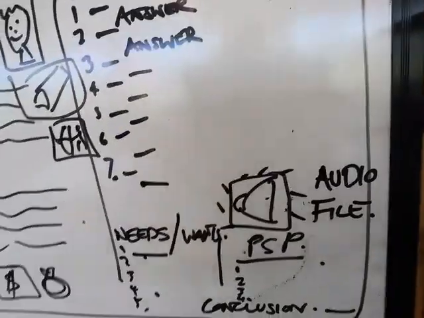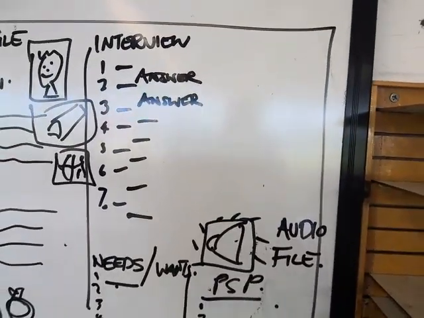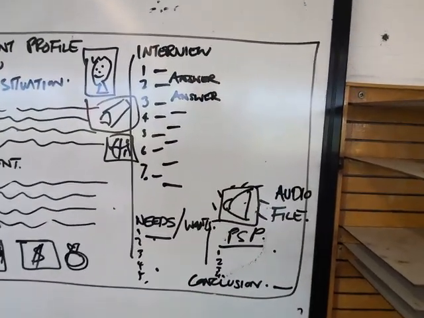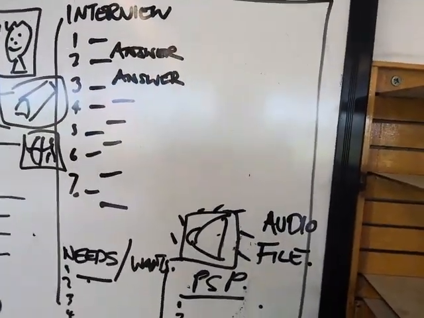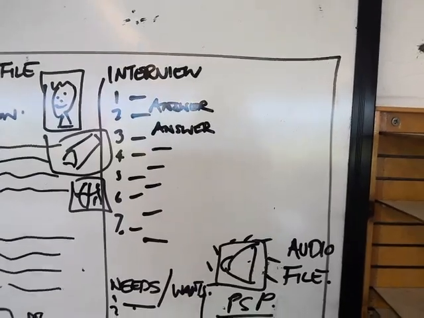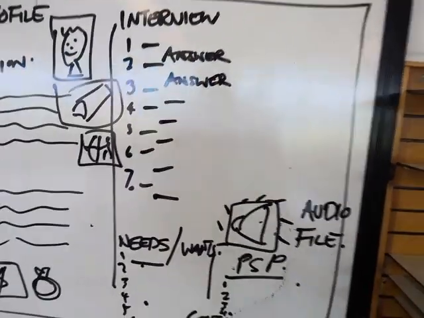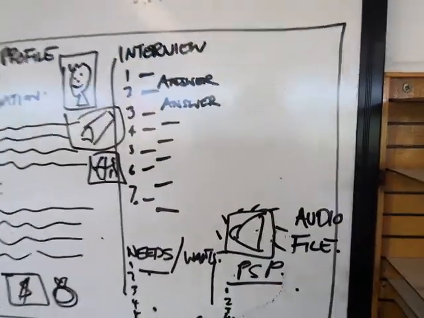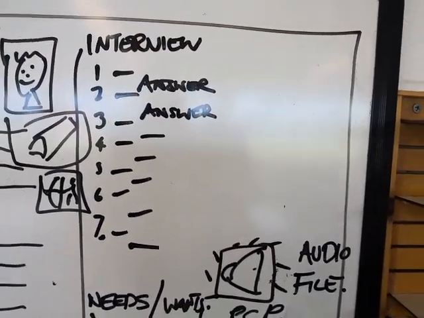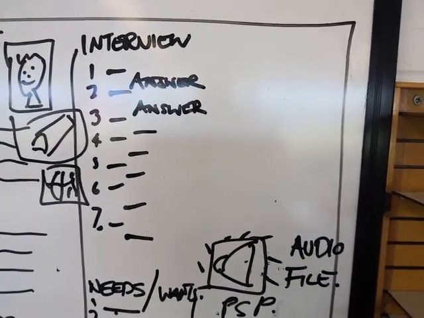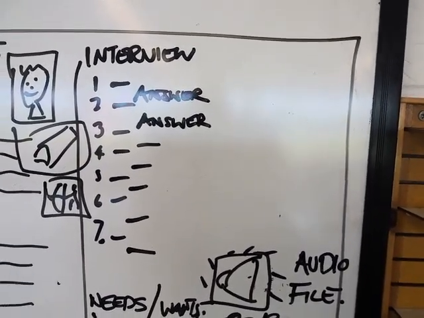For example, a question might ask her, would she like the product to be portable? It might ask her, would she like it to be powered by batteries? Would she like it to be rechargeable? Is sustainability an important part of the product? Would she like it to be made out of wood, plastic, or metal? Okay, so there's loads of different things which you can ask her, and you can get informative answers which are going to inform your specification later.